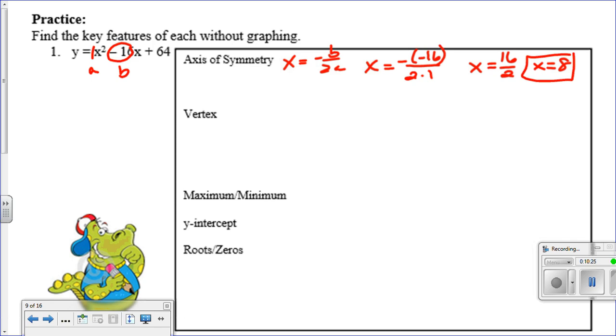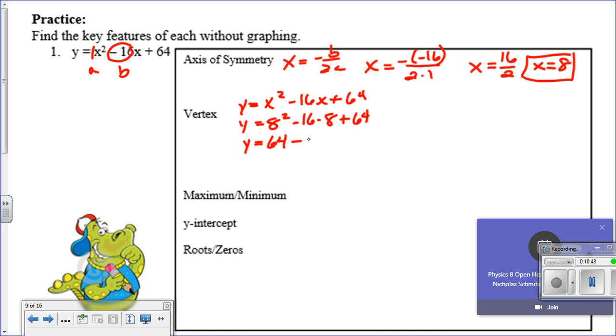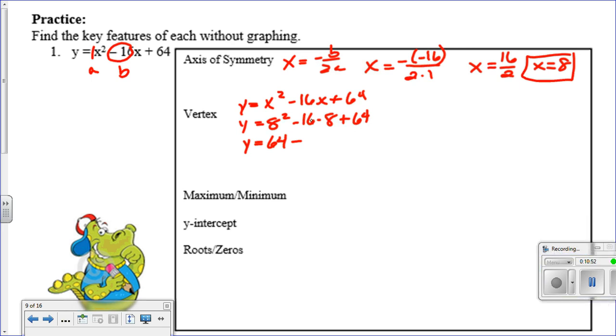Your vertex, now that you have your x value, all you're going to do is you're going to plug that x value into the equation. So it's y is equal to 8 squared minus 16 times 8 plus 64. So y is equal to 64 minus, okay, 16 times 8. 8 times 10 is 80.